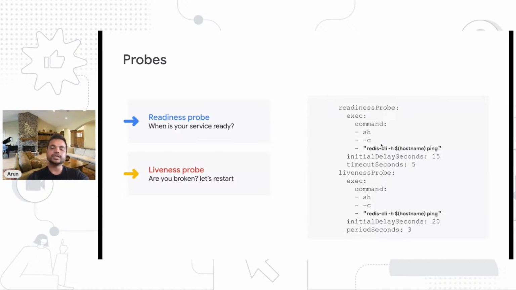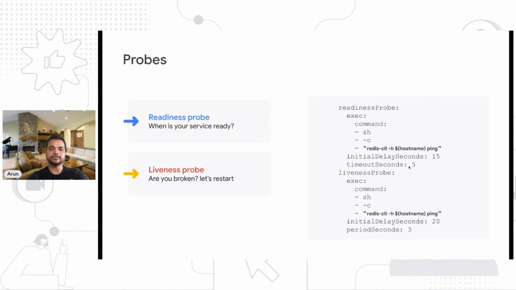You can have both of these settings configured at the same time, but make sure that you have the timing correct, because the readiness initial delay is 15 seconds, and then after trying for 5 seconds, if it does not get any response back, it would time out.